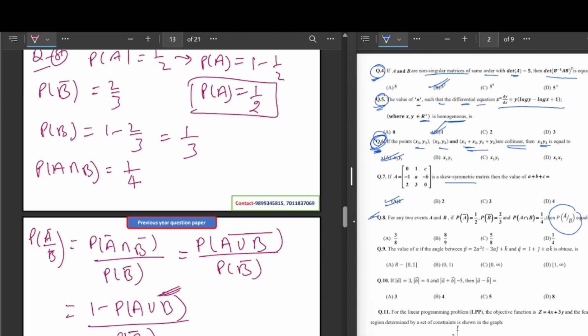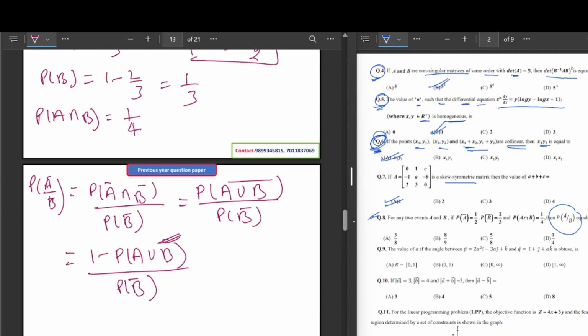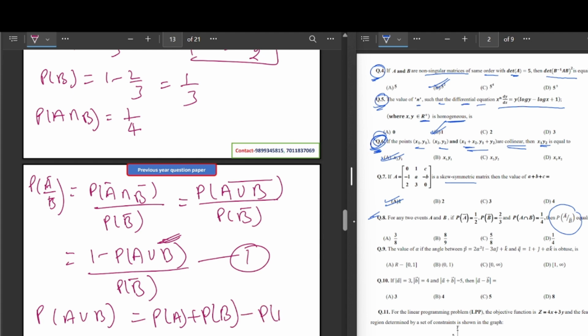So with the help of the formula, this is equation number 1. P of A union B, we all know, is P of A plus P of B minus P of A intersection B. So all values are given. P of A is 1 by 2, P of B is 1 by 3, and P of A intersection B is 1 by 4.